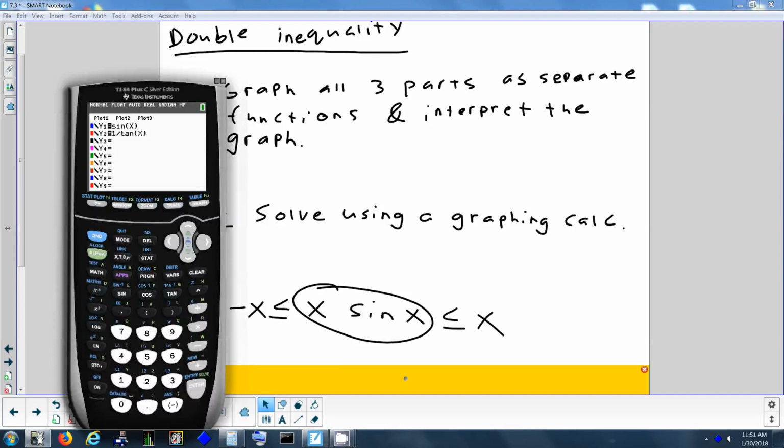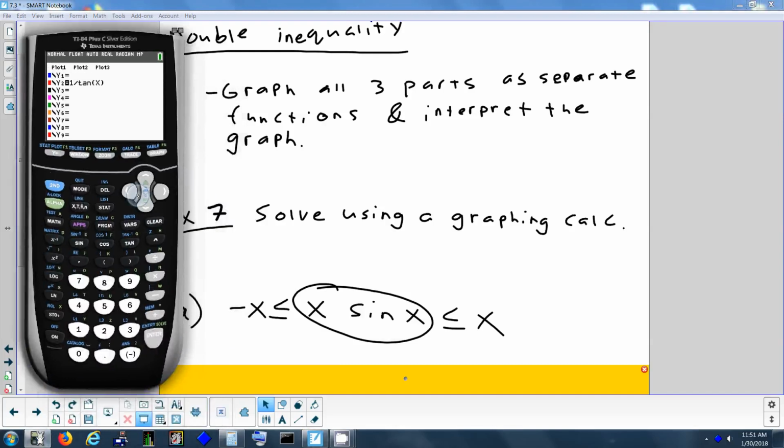So let's graph it. It doesn't matter which one you put where, so put negative x, x, sine x, and x. It's easier to do it in color because now what I'm looking for is where is the graph in red sandwiched between the blue and the black. That's what I'm looking for.